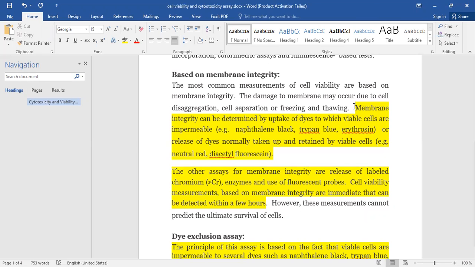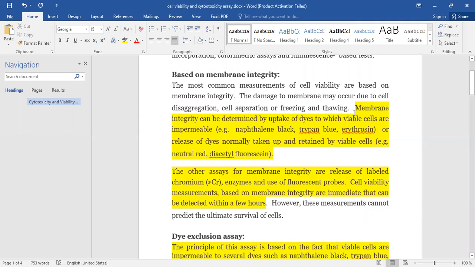But when there is high temperature, disaggregation, separation, freezing, or thawing, these procedures can result in disruption of the cell membrane. And when the cell membrane is disrupted, the whole cell will die. So this method is based on cell membrane integrity, in which we analyze the viability of the cell on the basis of the cell membrane.